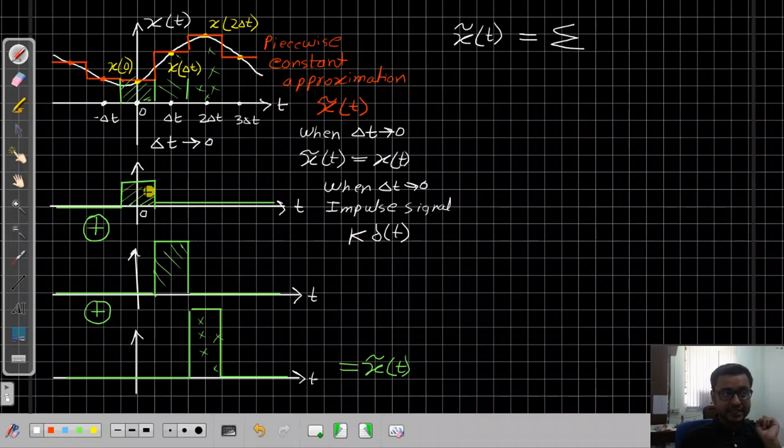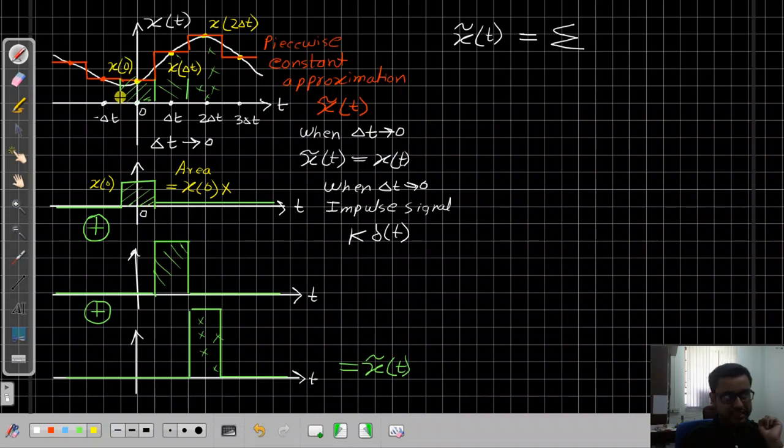Now how much is the area under this curve? Let us calculate the area. The area will be equal to the height of this signal multiplied by the width. And how much is the height? Here this height was x(0), and therefore this height is also x(0). Now how much is the width from here to here?